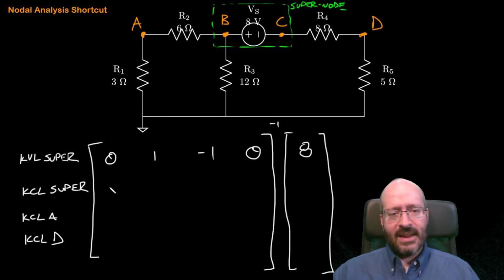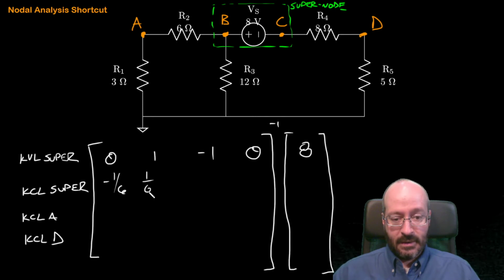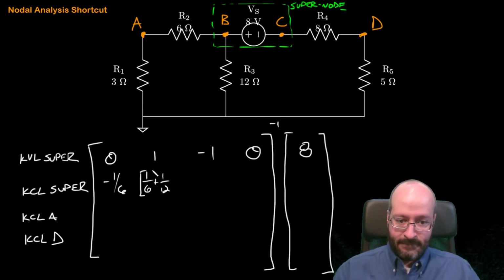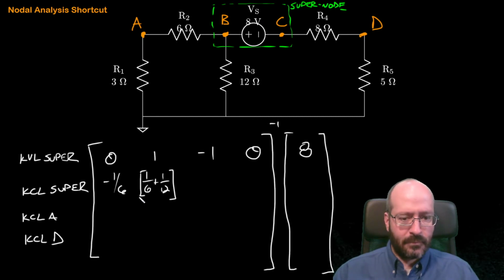Okay, what is A connected to that's also connected to B? And I see the 6 ohm. What is connected to B? And since it's part of the supernode, it's going to be positive. So I'm going to get 1/6 and 1/12. What is C connected to that's also part of the supernode?